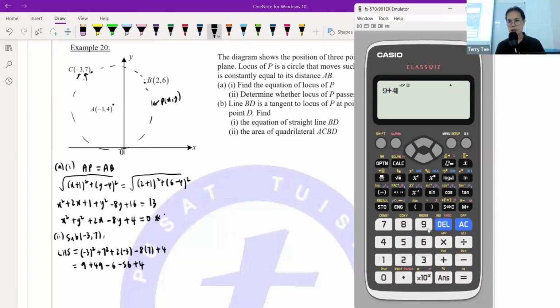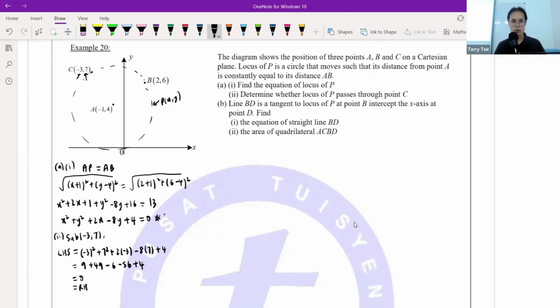You should get 0, and this equals your right-hand side. Okay, so if left-hand side equals right-hand side means what? The locus of P will pass through point C. That's all. Okay, so that is part A. We've done the equation of the locus.